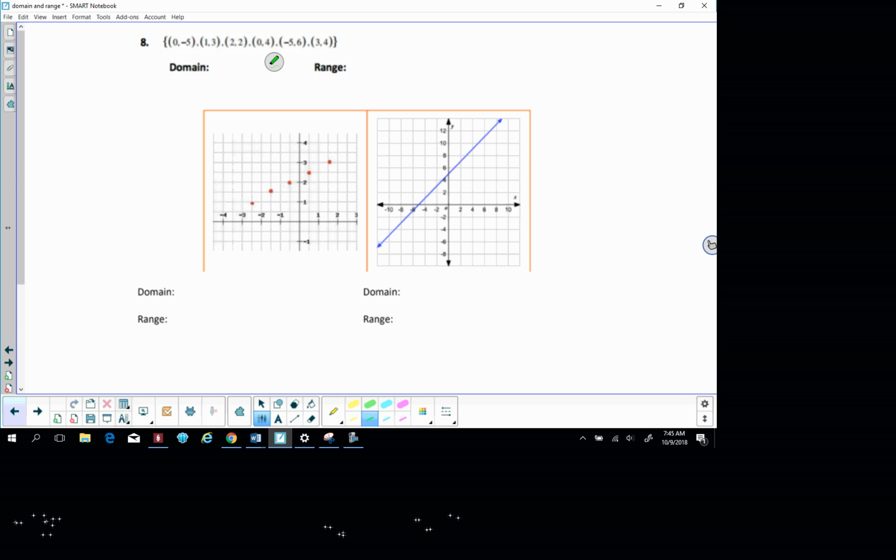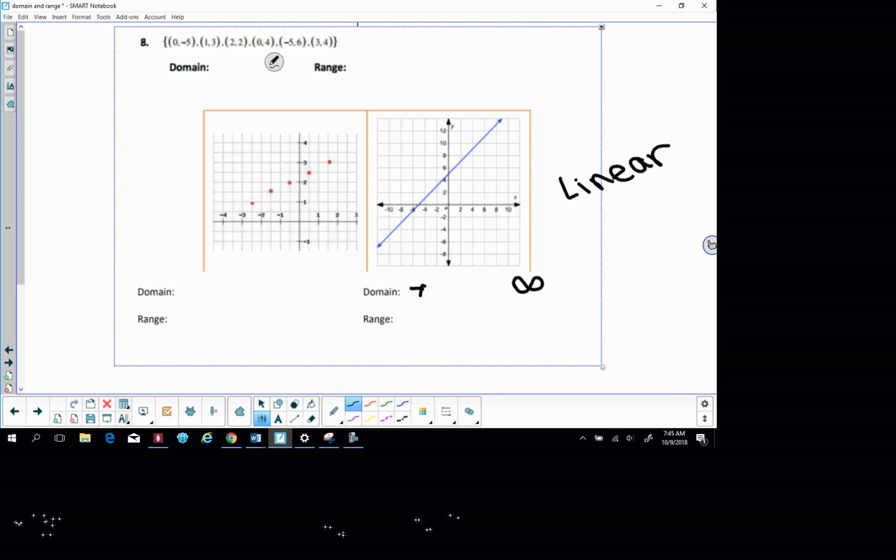And so when we're looking at a domain and range of any linear function, remember linear just means a straight line. It's always the same. See how from side to side, it's going forever and ever and ever, what's that called? Infinity, right? And see how it's going this way forever and ever? What's negative infinity? So no matter what, all linear functions are the same if they have arrows.